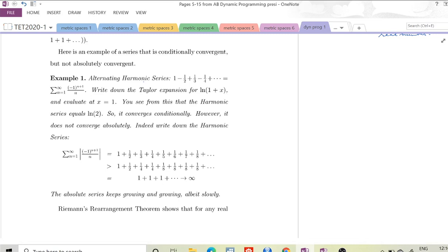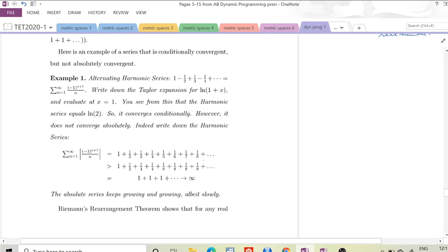However, if we replace the members of the series with their absolute values, we have this series. And it's well known that, even though the numbers themselves are decreasing, they're decreasing slowly enough that this series just keeps increasing without bound.